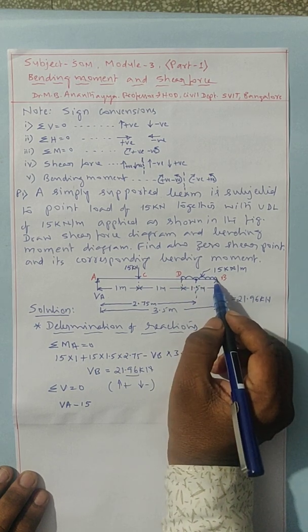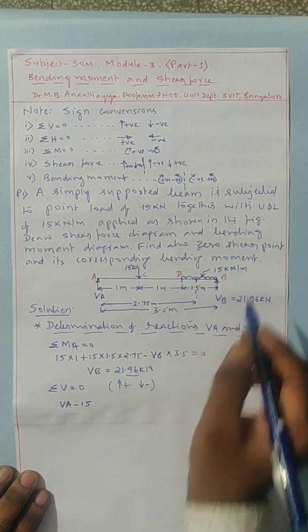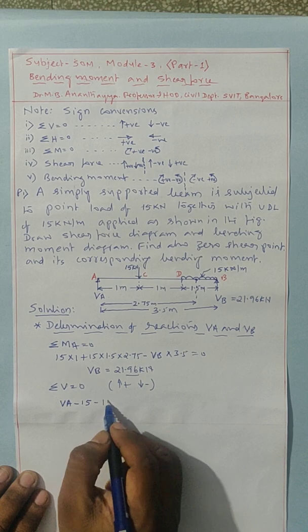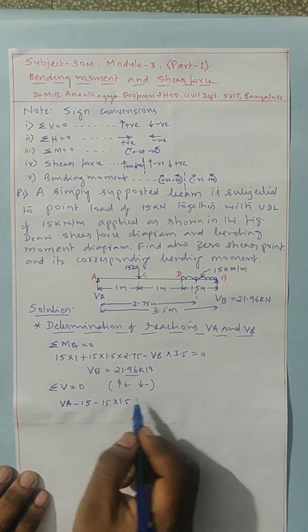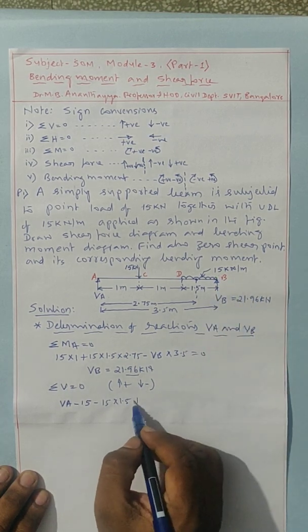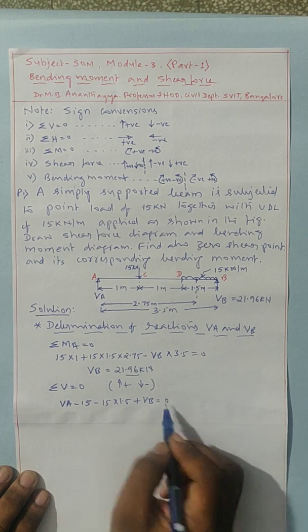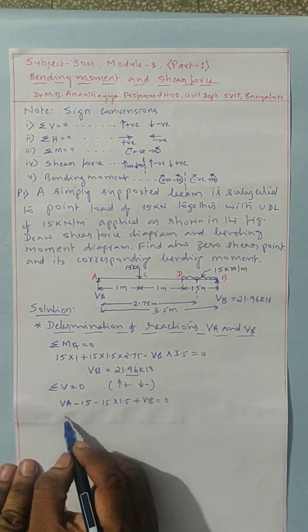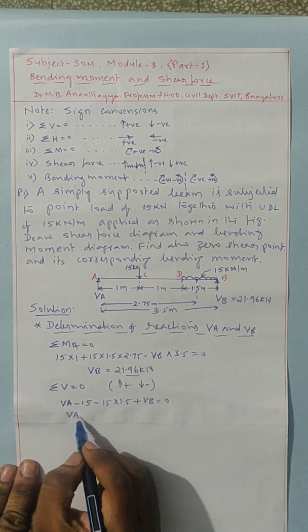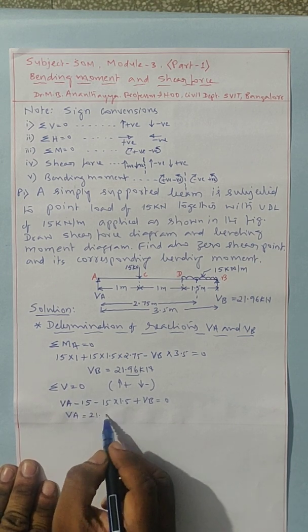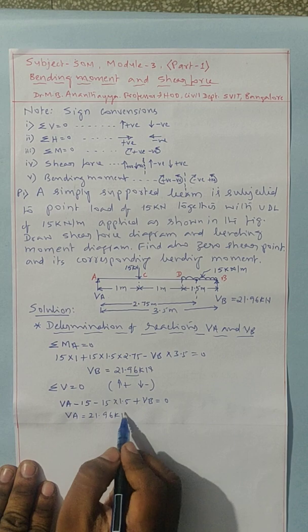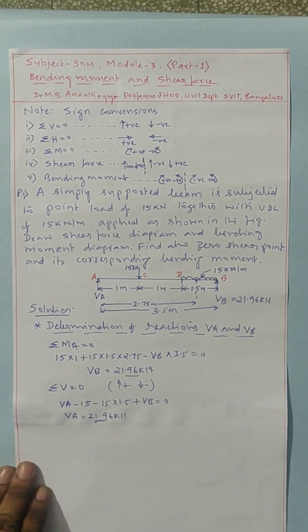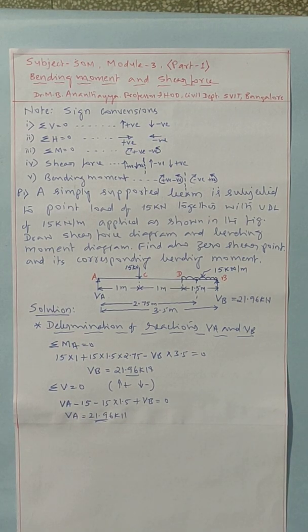This UDL is acting downward. The total UDL is 15 into 1.5, minus 15 into 1.5, plus VB is upward, VB equal to 0. From this, you can substitute VB here.